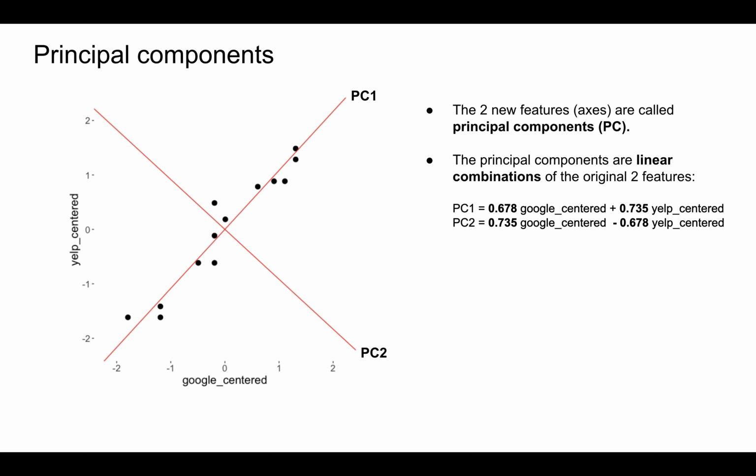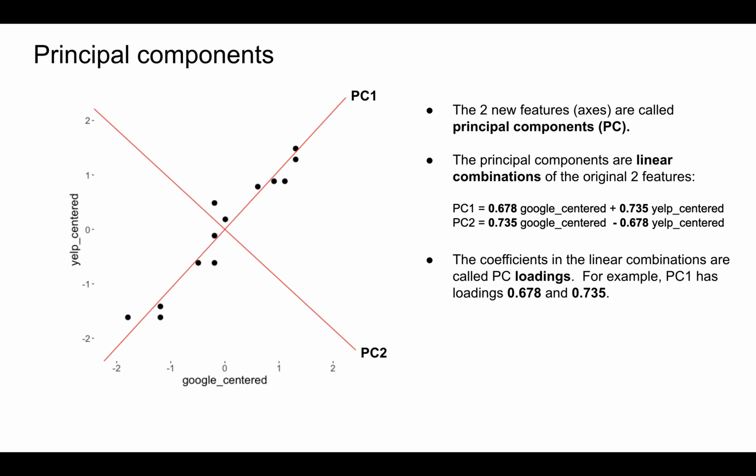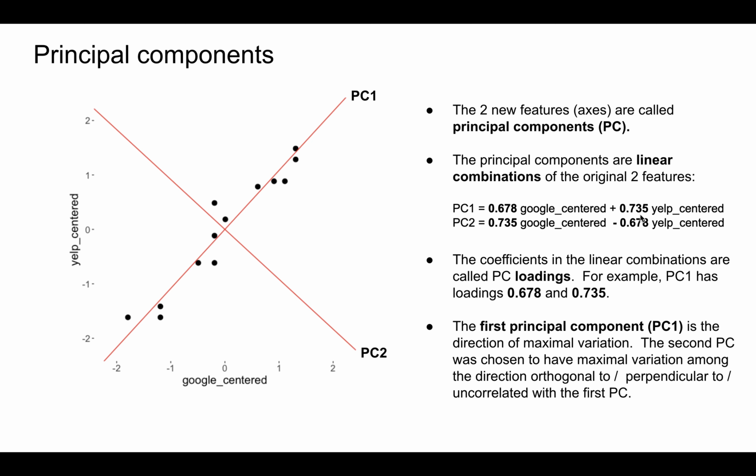Next, the coefficients in the linear combinations that define our principal components are called principal component loadings. For example, principal component 1 has loadings of 0.678 on Google and 0.735 on Yelp. Finally, notice that this first principal component is the direction of maximal variation.